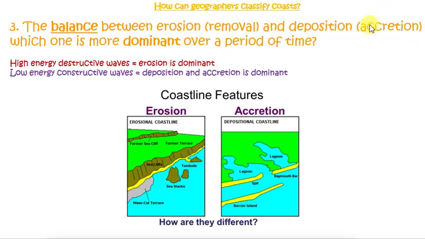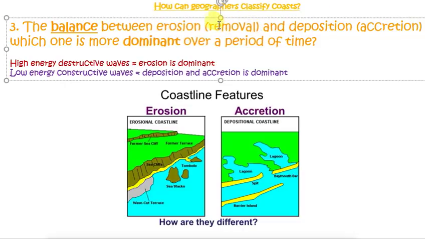We can also use the word accretion, which means adding something. Accountants use the term accruals if they're adding money to the books, for instance. Is the dominant process one of erosion, where destructive waves or tides are removing material, or one of deposition, where sediment is being deposited and accruing, if you like?